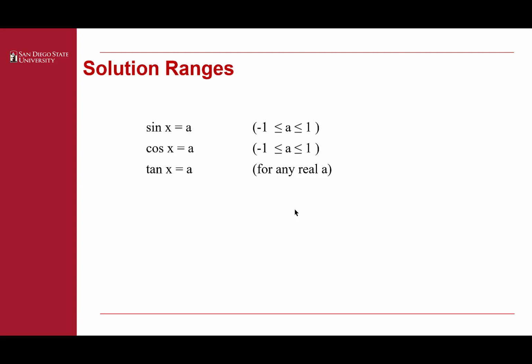Another important topic to touch on here is the solution range. For a basic statement like sinus x equals a, a can be between -1 and +1. So the result on the right hand side of the equation cannot be smaller than -1 and cannot be larger than +1.